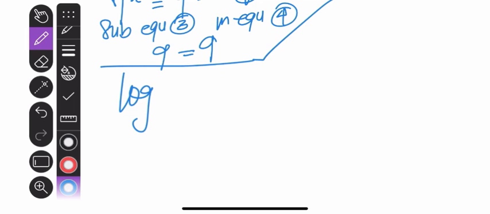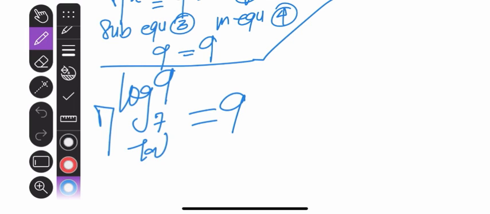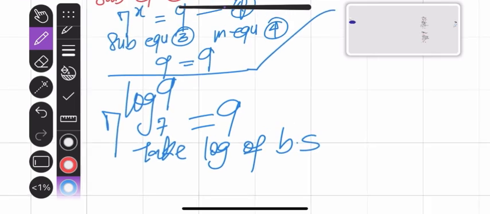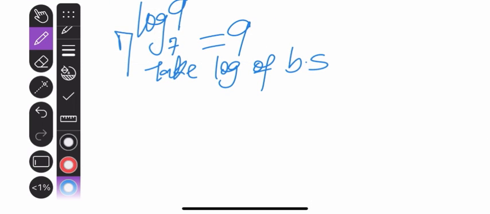Suppose we have that same question: 7 to the power of log 9 base 7 is going to be equal to 9. How can this expression equal 9? Let's see. That's the second approach. We take the log of both sides, or you can say take the ln of both sides.